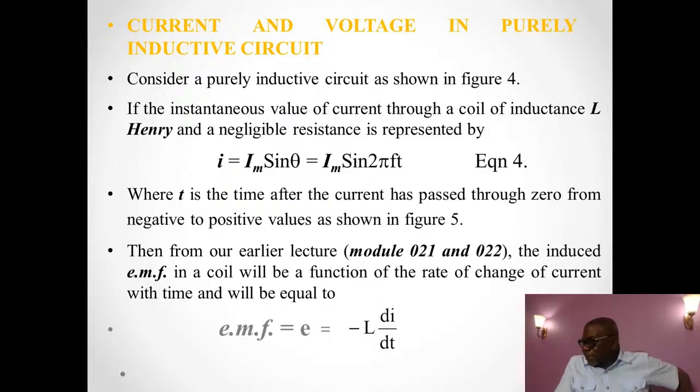This is very important to note: the EMF induced in a coil is a function of the rate of change of current with time, and is equal to minus L di/dt.